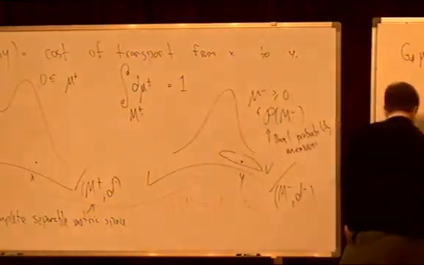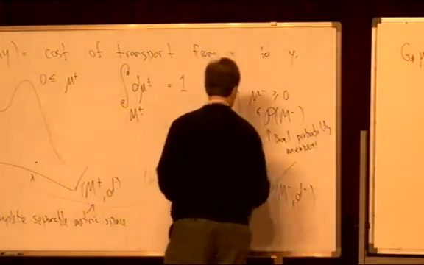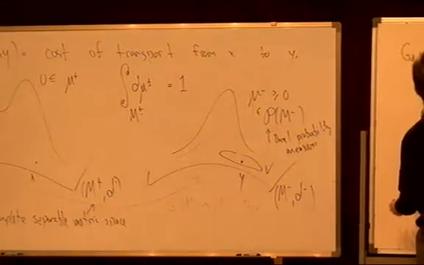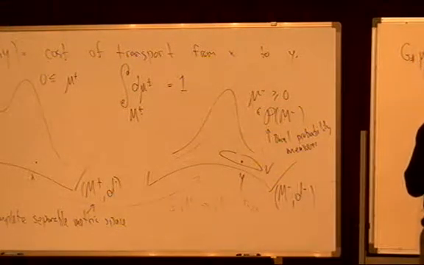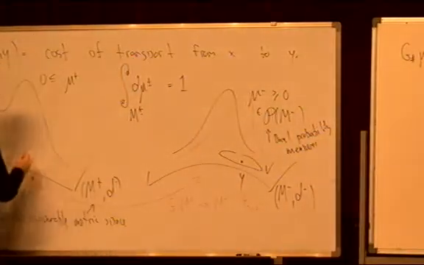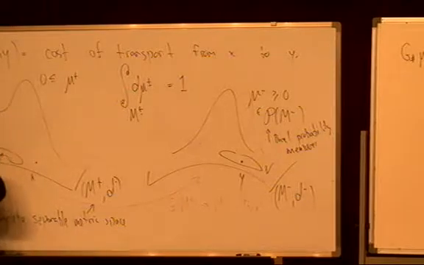The mass it assigns to this set V is exactly, you take the pre-image of V under the mapping G, and you ask how much mass does mu plus put on this set.